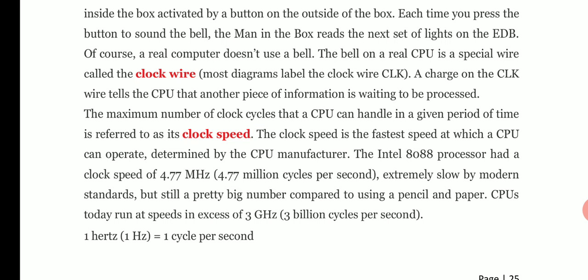The Intel 8088 processor had a clock speed of 4.77 MHz, 4.77 million cycles per second. Extremely slow by modern standards, but still a pretty big number compared to using a pencil and paper. Okay, CPUs today run at speeds of 3 gigahertz, that is 3 billion cycles per second.